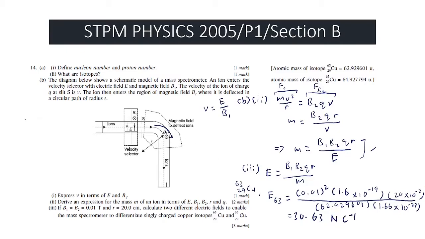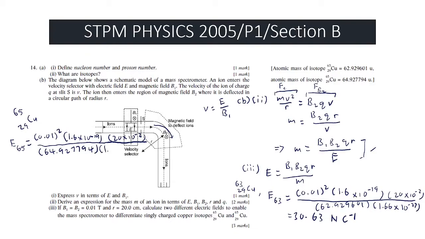And now we calculate for the other copper, copper 65, and again the same thing, just substitute the mass to be different. So this time it is given by 64.927794.